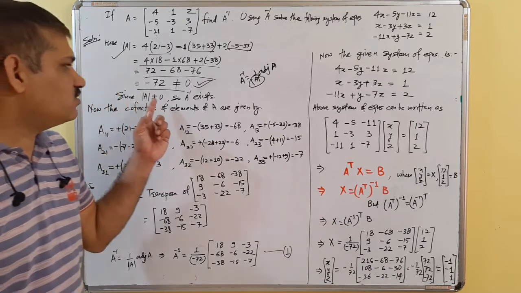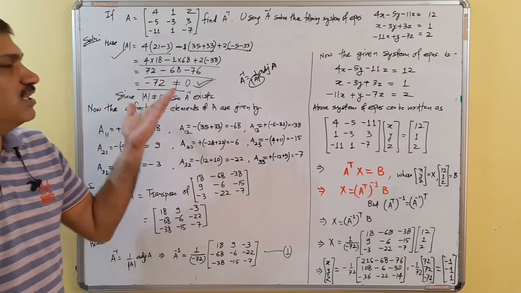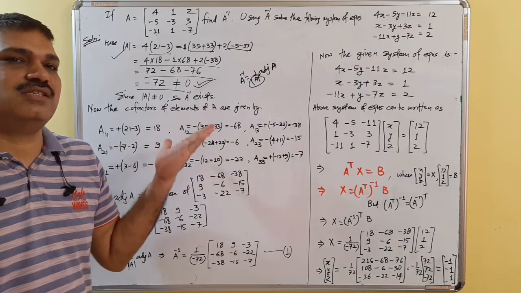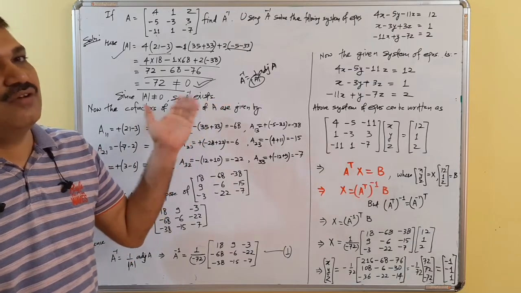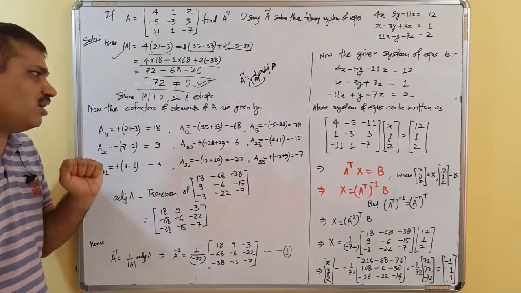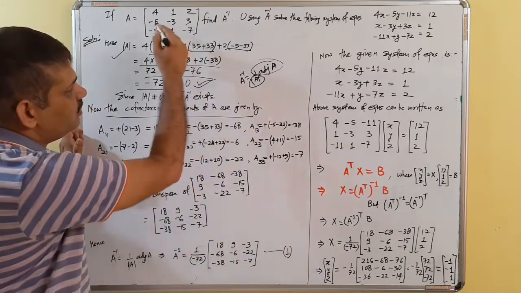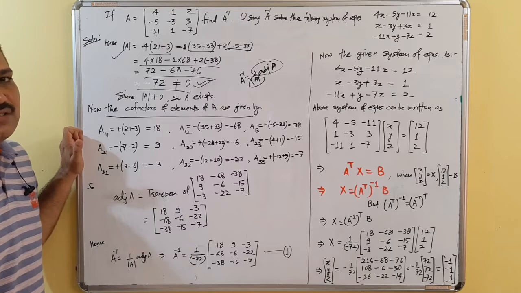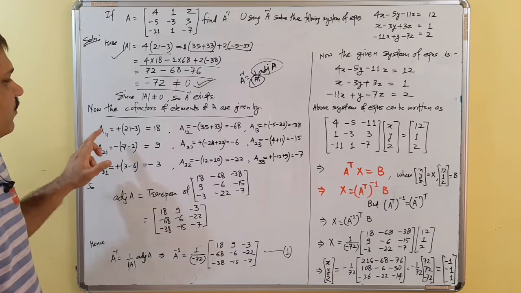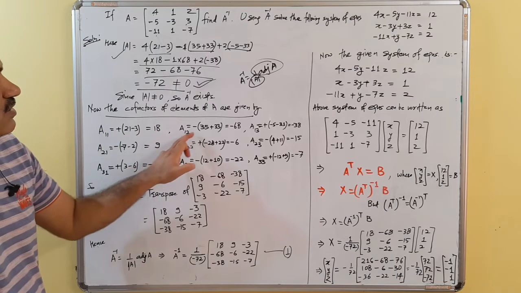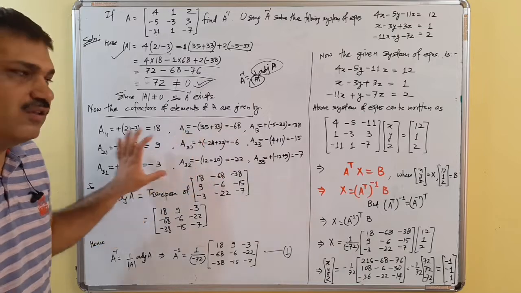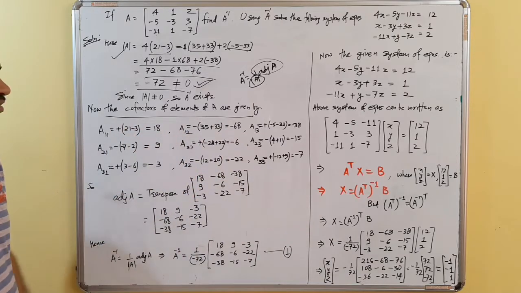Since determinant A is not equal to 0, so A inverse exists. So there exists a unique solution for the system of linear equations. Now to find adjoint A, we find all the 9 cofactors. For this positive, for this negative, likewise we find all the 9 cofactors as usual.